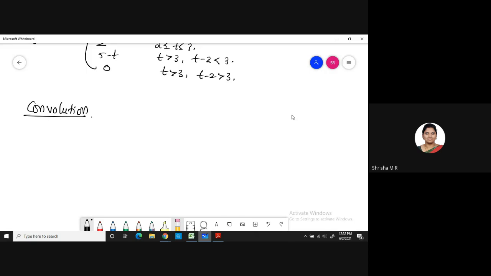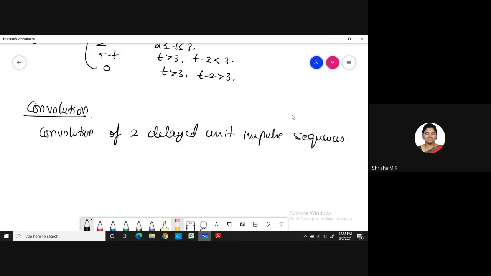So that is the convolution of two delayed unit impulse sequences.